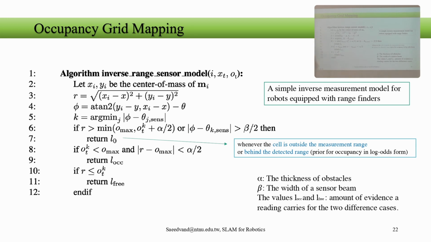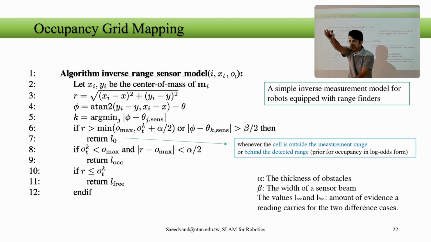If it is like that, we return l_0. Otherwise, if the observation z_t^k is among these values, it means I'm calculating each one of the grid cells' minimum and maximum.